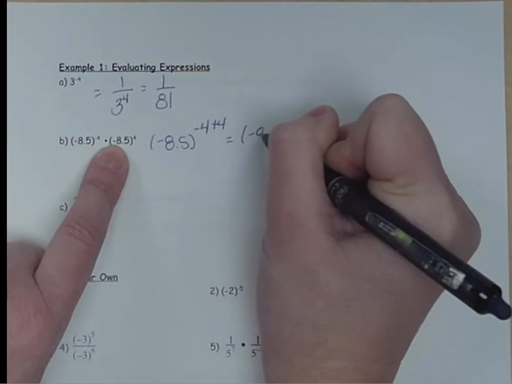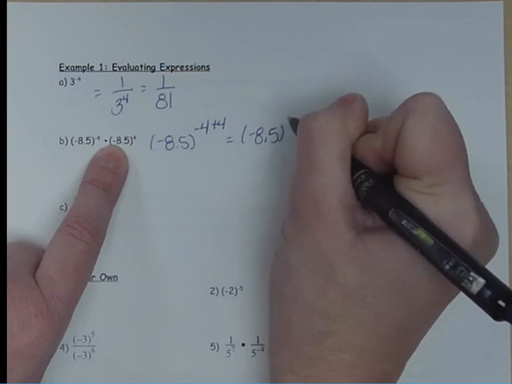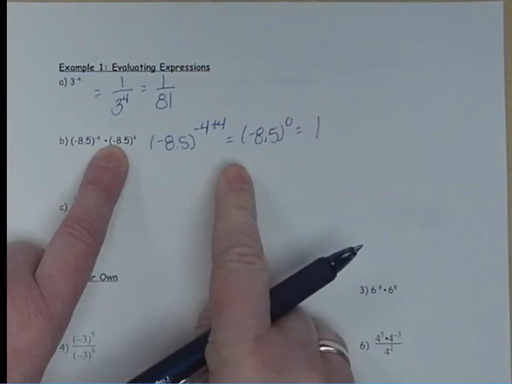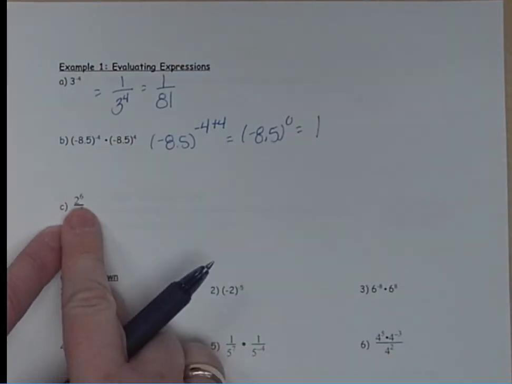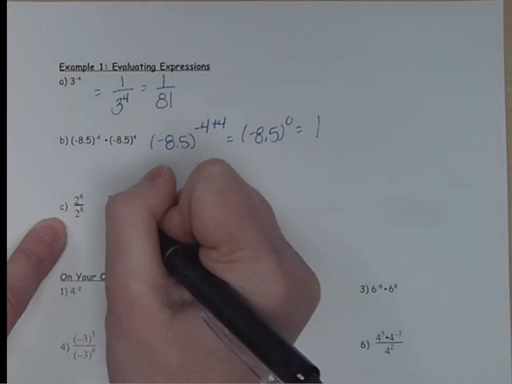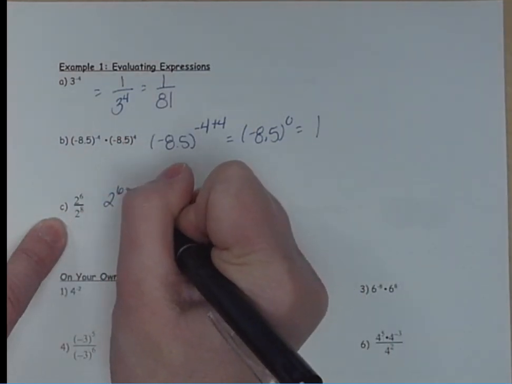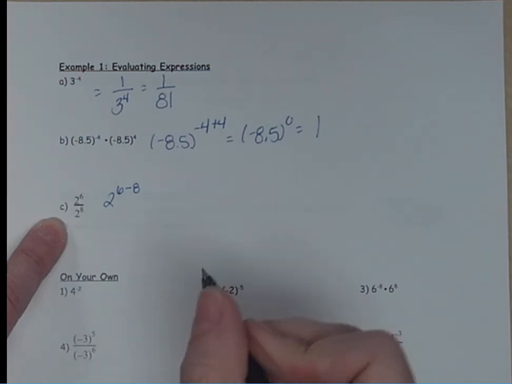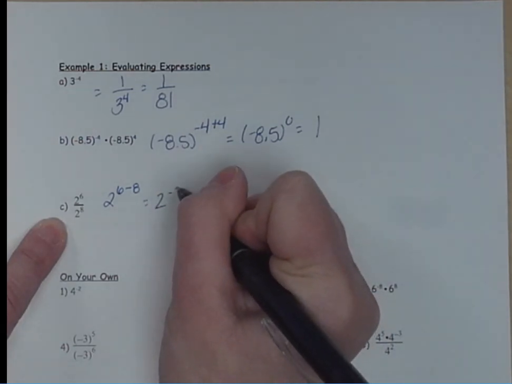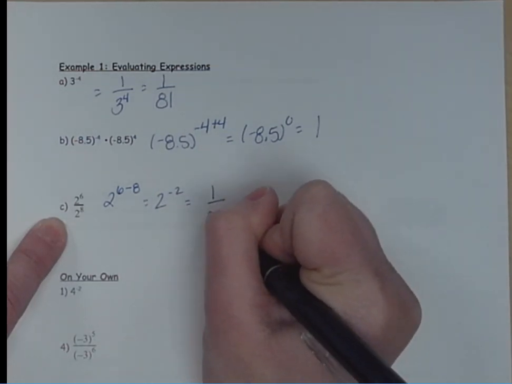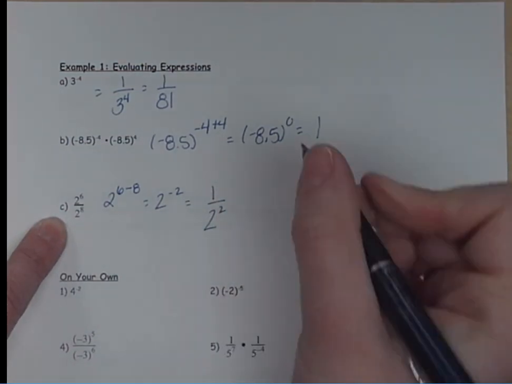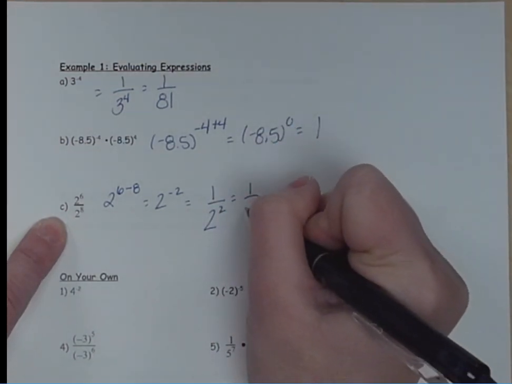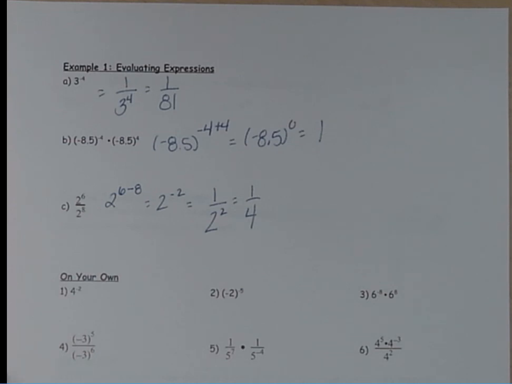So I have negative 8 and 5/10 to the 0 power, which is 1. Now here we're dividing. So I have 2 to the 6 minus 8, which gives me 2 to the negative 2, which is 1 over 2 squared, or 1/4.